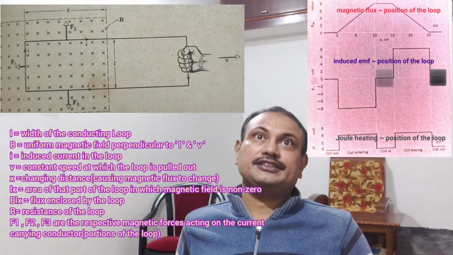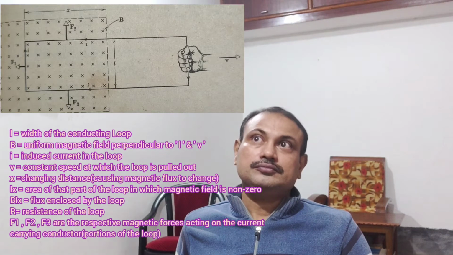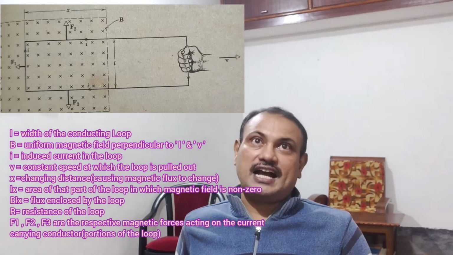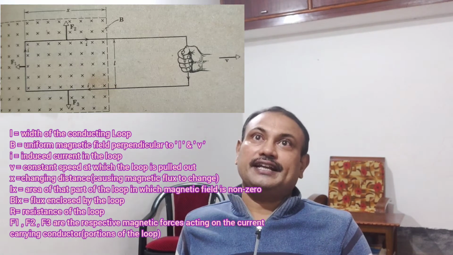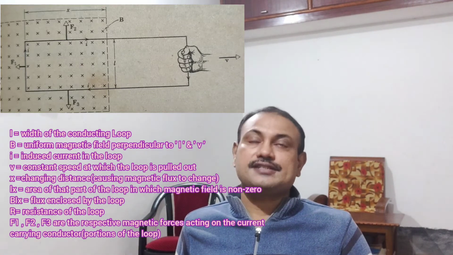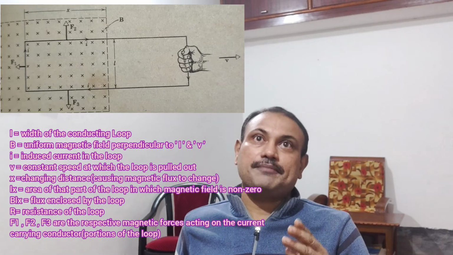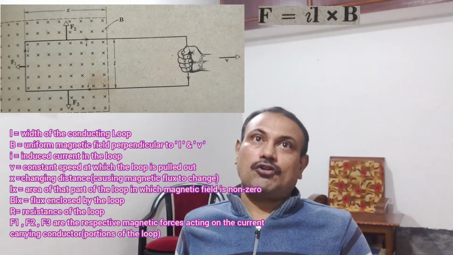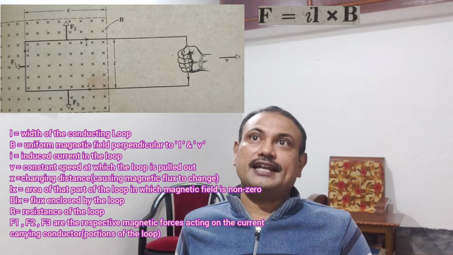Capital R is the resistance of the loop, and F1, F2, F3 are respectively the magnetic forces acting on the current carrying conductor, which, as we have seen in previous discussions, can be written as F equal to I times L vector cross V vector, that is, I L cross V.